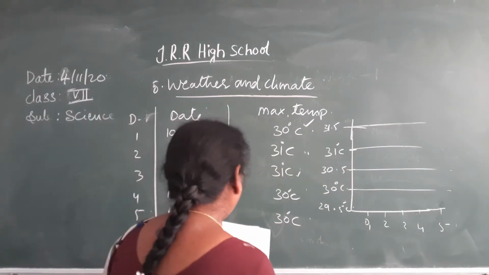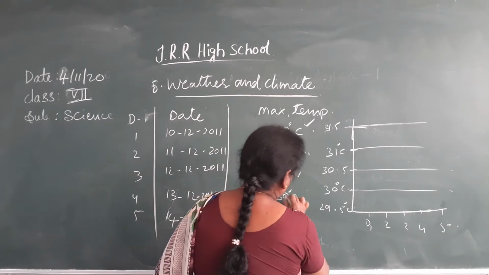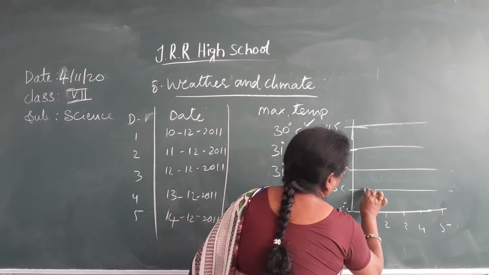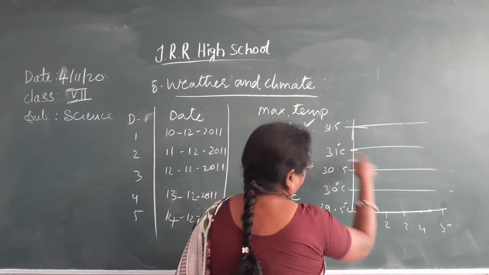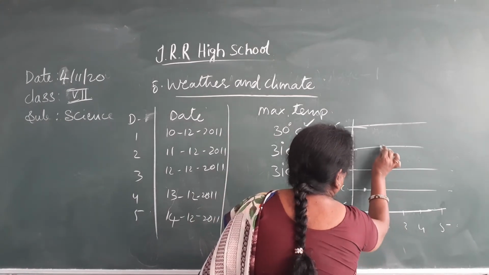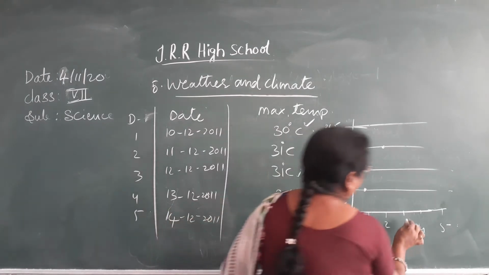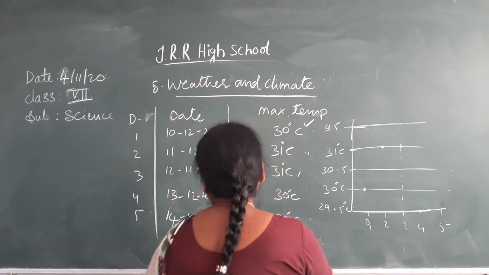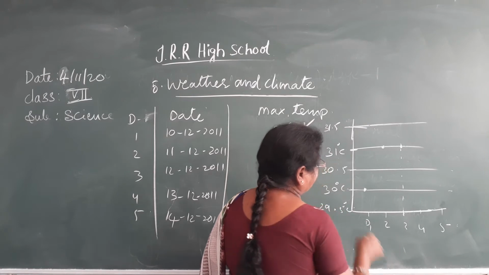Okay. Now day 1, what is the temperature given for you? Day 1 is 30 degrees. So take 30 degrees, just give the dot. Then day 2, what is the temperature given here? Go to this line only, 31 degrees. Again day 3 also 31 degrees, go to the third line. Then day 4 is given 30 degrees. Again come back to 30 degrees temperature.